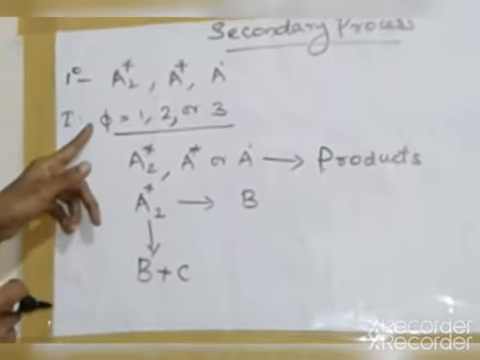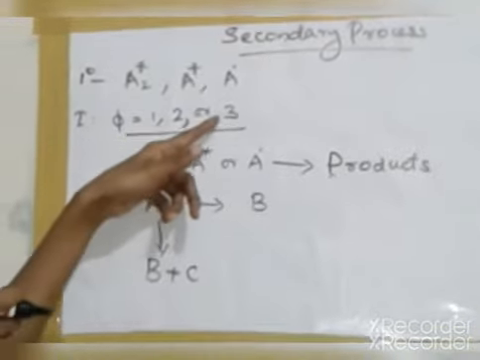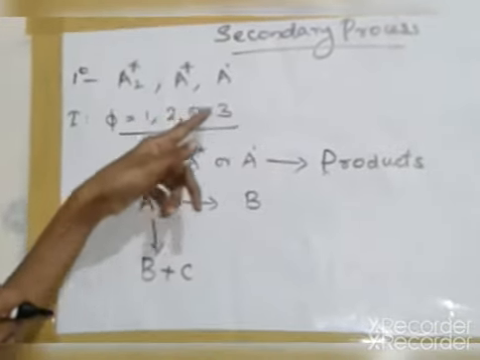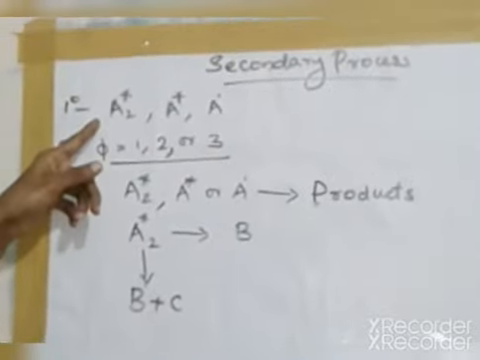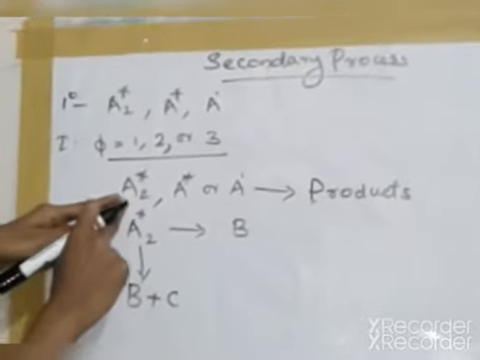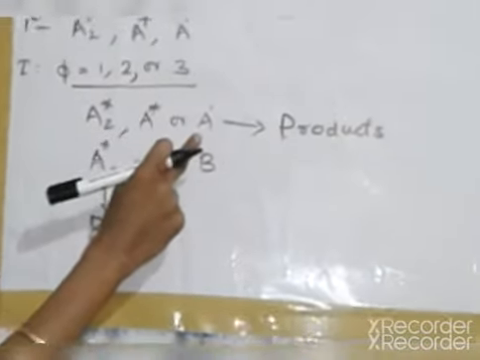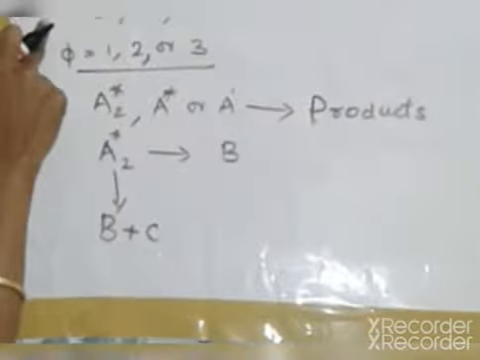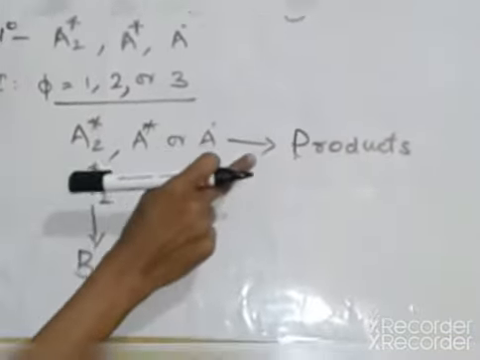First, we explain the reactions which have phi value 1, 2 or small integers like 1, 2 or 3. That is case 1. The excited molecule, atom or free radical produced in the primary step further reacts to give the products.